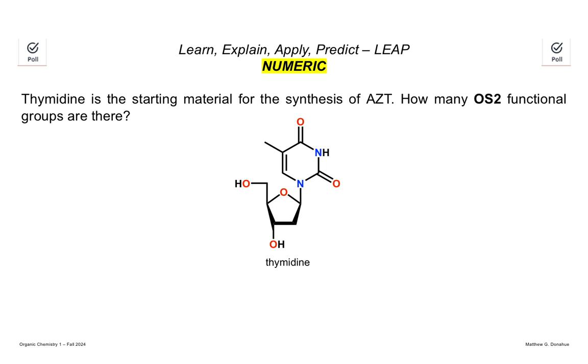So oxidation state 2, how many of those are there? Again, probably the best way to do this is pick a starting point.